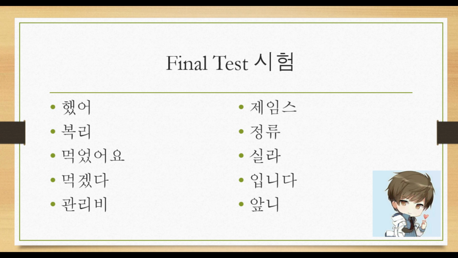Time's up. So, reveal ko na yung answers. So, the first one is Hesso. Alright, second one will be Bongni. Third, Mogosayo. Next one is Mogetta. And fifth item is Kwalibi.